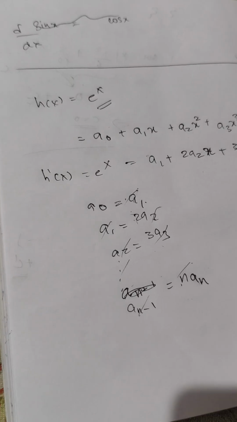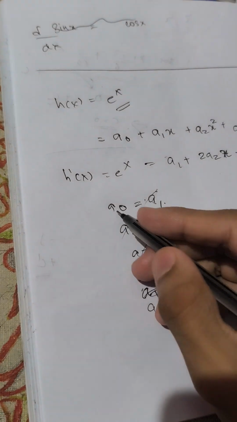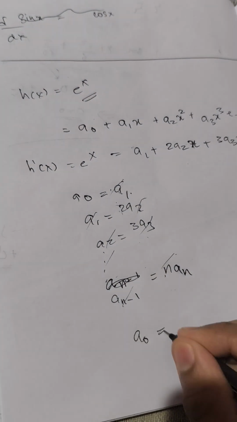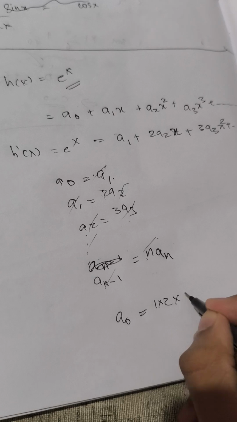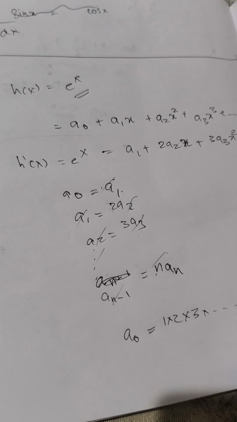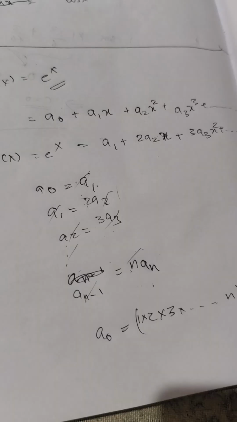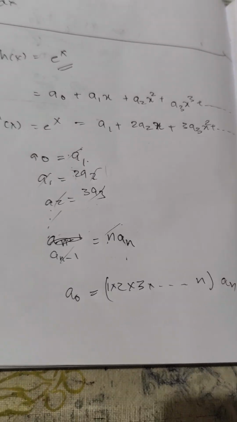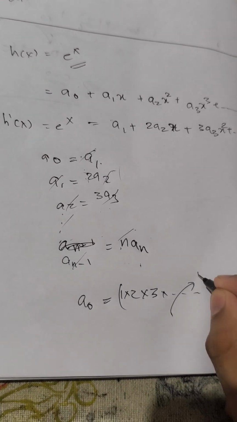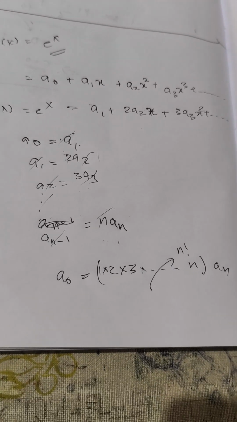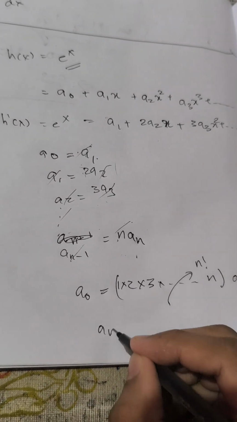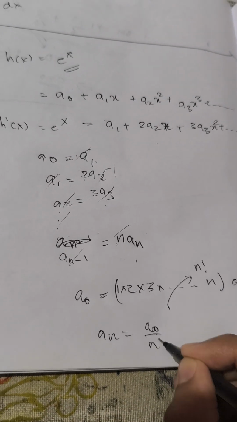So what you'll get essentially is a0 is equivalent to 1 into 2 into 3 up to n times an. Or this can be written as n factorial. Or in other words, an is equal to a0 divided by n factorial.